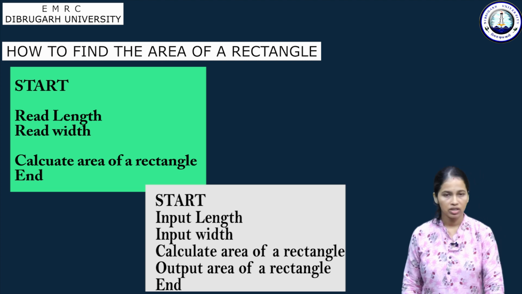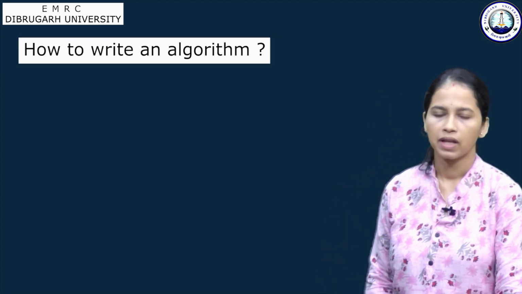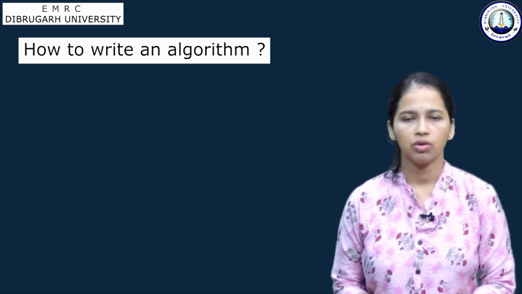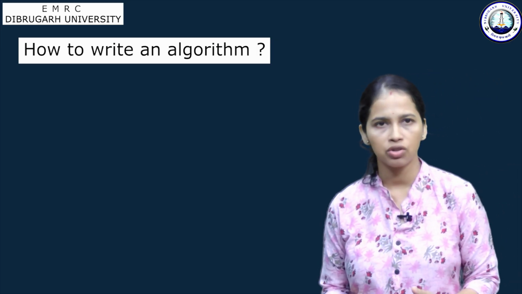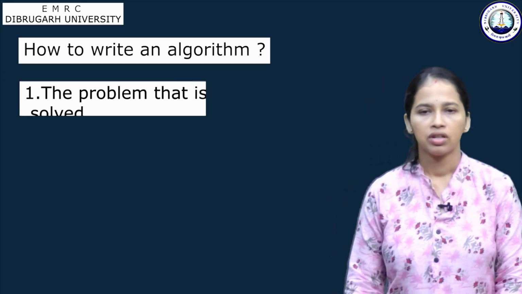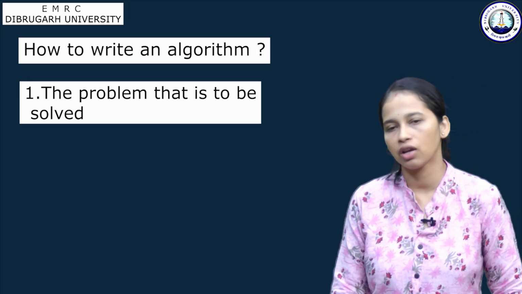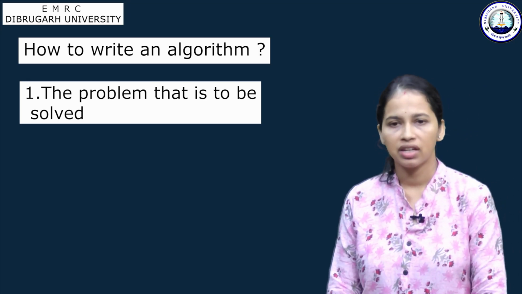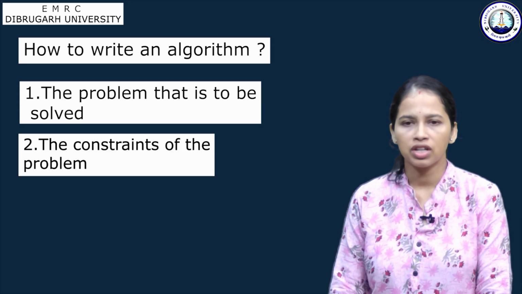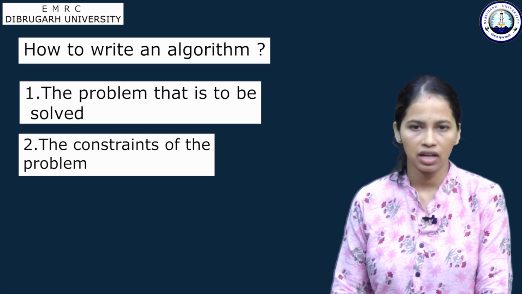Next, we will see how to write an algorithm. To write an algorithm, some prerequisites should be known to us. The first is the problem that is to be solved with the help of that algorithm. The next is the constraints of the problem that are defined whenever we write the algorithm.